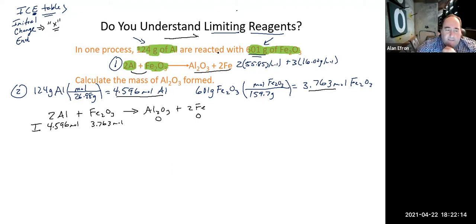The I stands for initial in the table, so it's basically the initial moles of your reactants and your products. But in our case, your products will always be 0. So it's really the initial moles of your reactants, which again is why we need to do this step first to convert them into moles. Other questions on that?